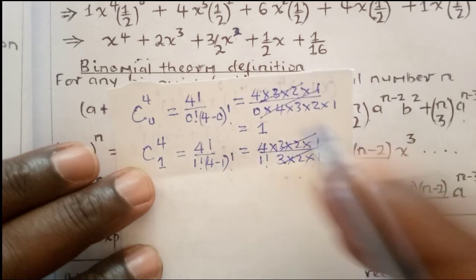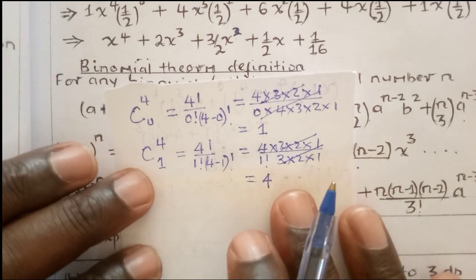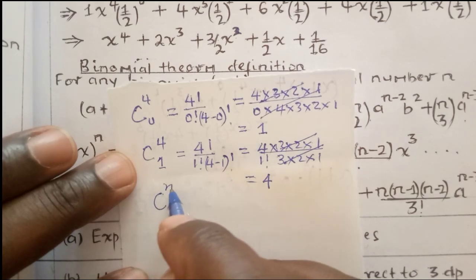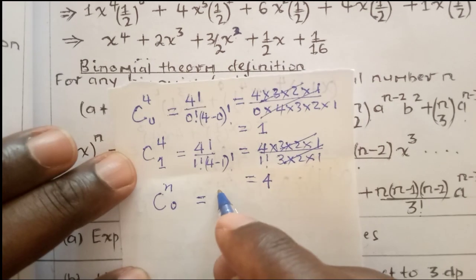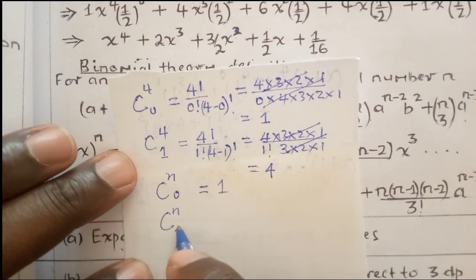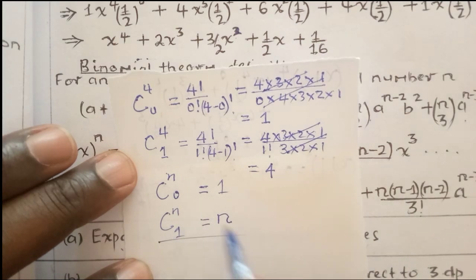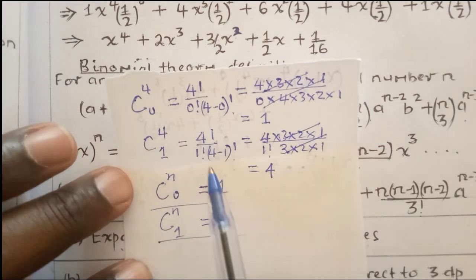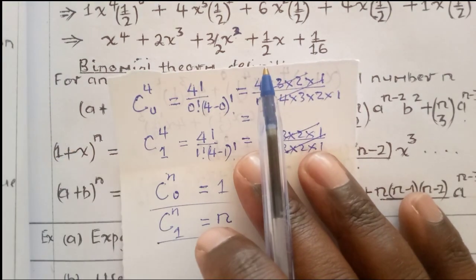You can cancel that one, so finally we'll end up with 4. So if this was n, if it was C(n, 0), the first one will be 1, and the second one, if you have n there and 1, this is going to be n, like that. So the combination is used in binomial expansion, and we shall see it later as we continue.